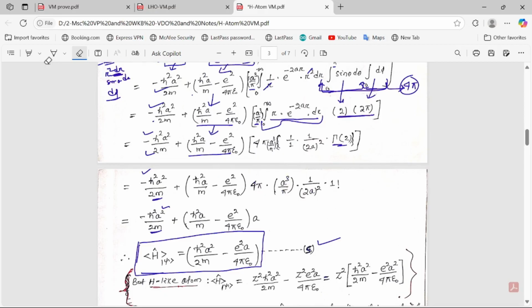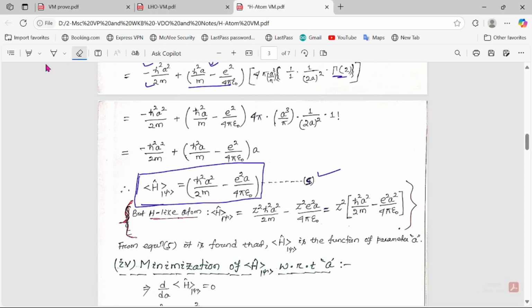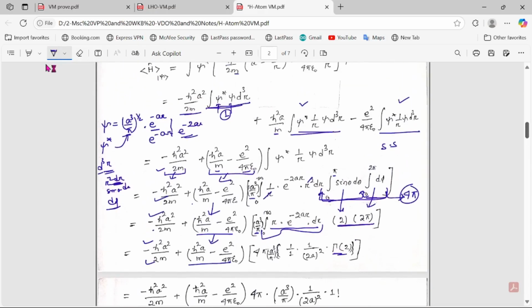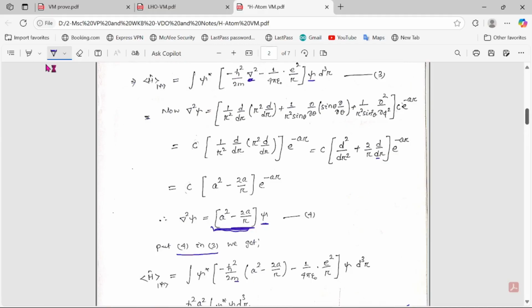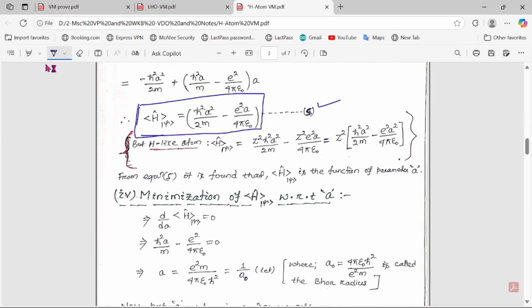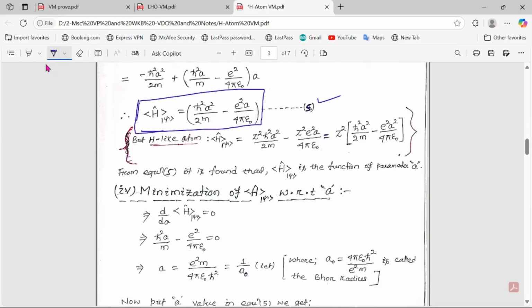Okay. Now if we consider a hydrogen-like atom, then what will be the expectation value of the Hamiltonian? You just follow the same procedure, you can check on your rough paper, and you can find the expectation value for a hydrogen-like atom will be this one.